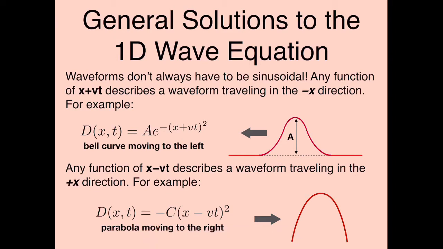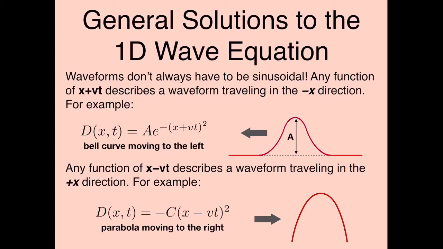Here's another example. If we have, instead of x plus vt, x minus vt in our function, then that's describing a waveform that travels in the plus x direction, okay? So let's take a look at this example. We have d of x and t equals minus C times (x minus vt) squared.